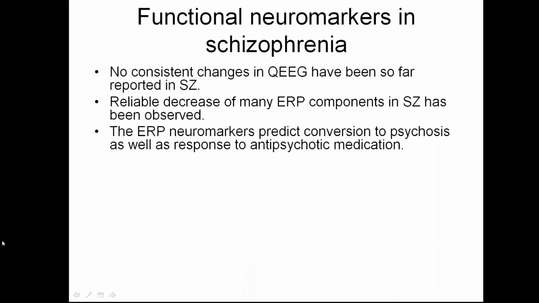Okay, so I was talking about functional neuromarkers in ADHD. Let me tell you some words about functional neuromarkers in schizophrenia. And first of all, when we analyzed the data, we collected 100 patients with schizophrenia.